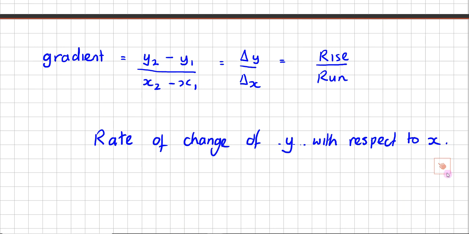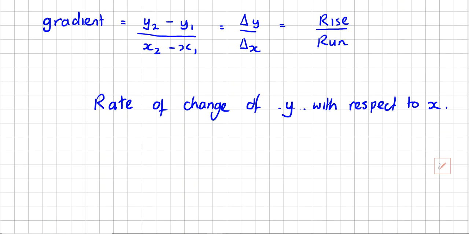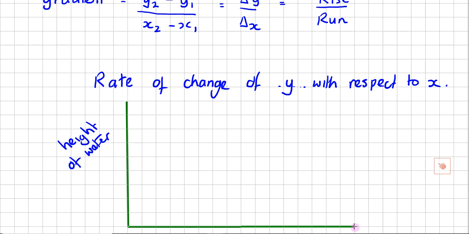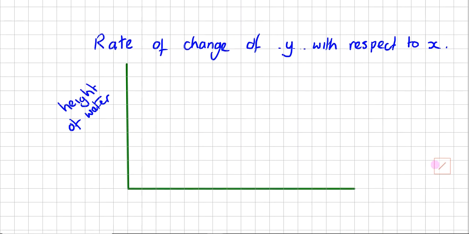So, if I said to you, I'm going to draw two lines now, and I'm going to say that these lines are to do with the y-axis being the height of water, and this axis here, the x-axis, is not an x-axis, it's a time axis.